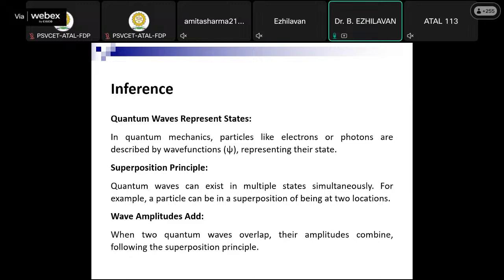Then wave amplitude: when the waves are in multiple movements, they overlap and their amplitudes combine following the superposition principle.